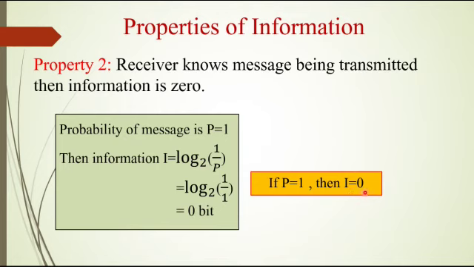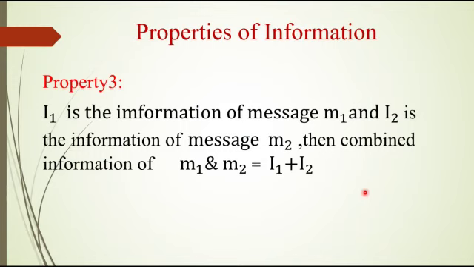Okay, now let's see the third property. I1 is the information of message M1 and I2 is the information of message M2. Then the combined information of M1 and M2 equals I1 plus I2. Let's see.